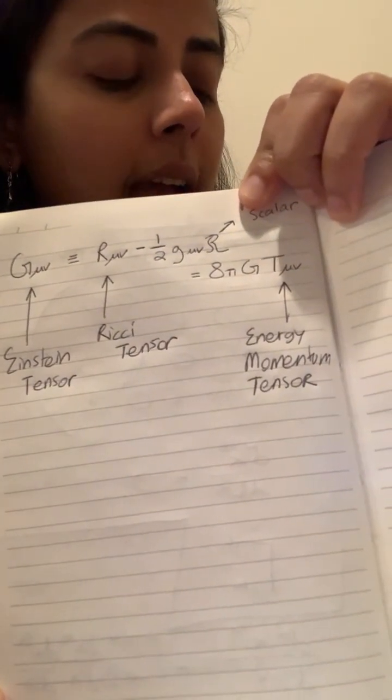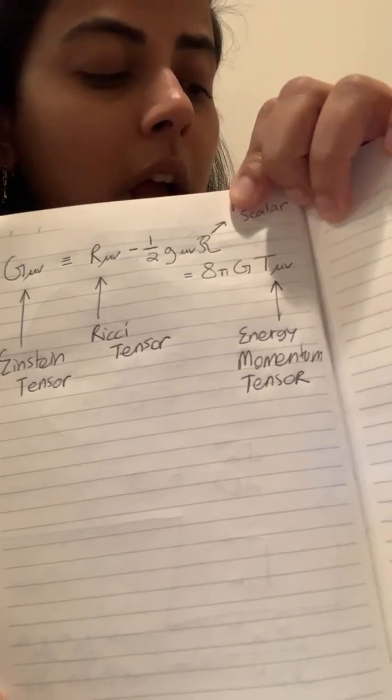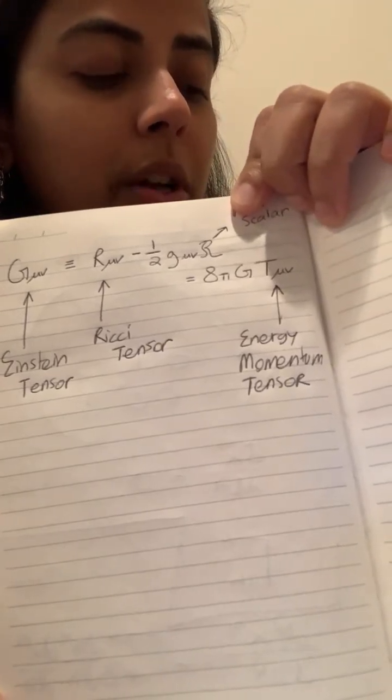Currently, we're just looking at the left-hand side of that. And we're saying that if you just put time here, R00 minus 1/2 g00 Ricci scalar is equal to 8 pi G T00.